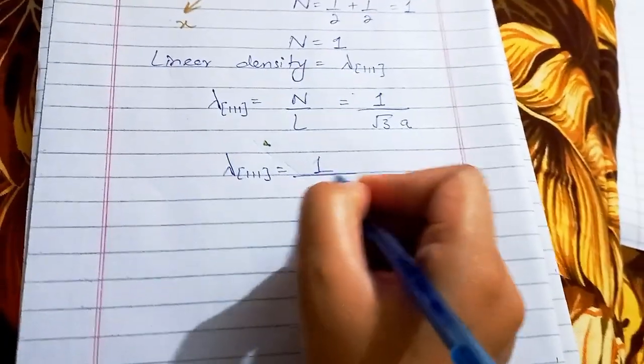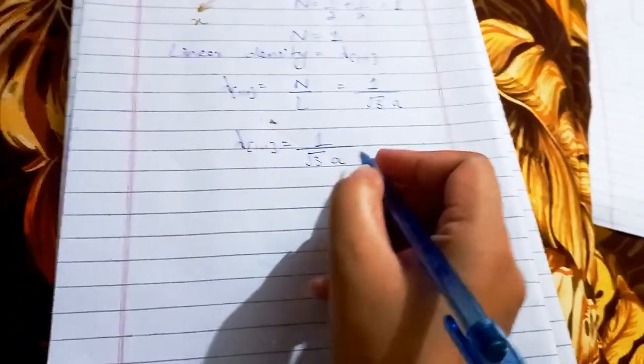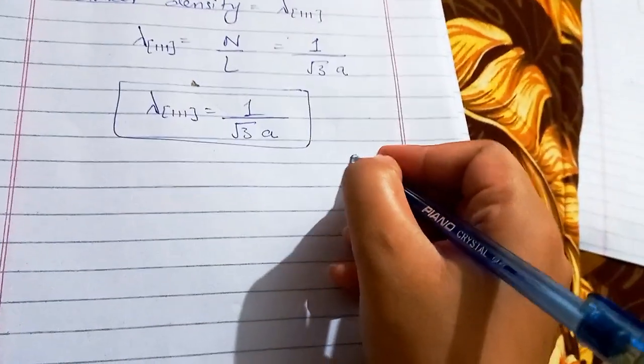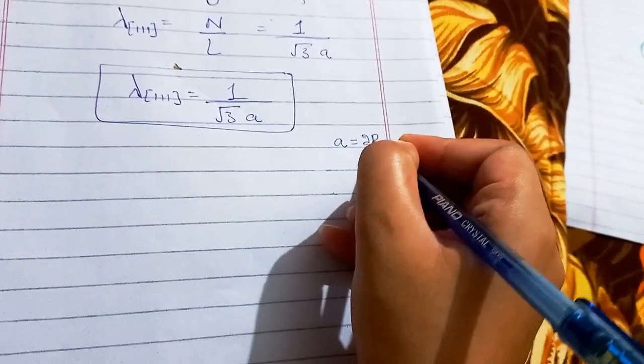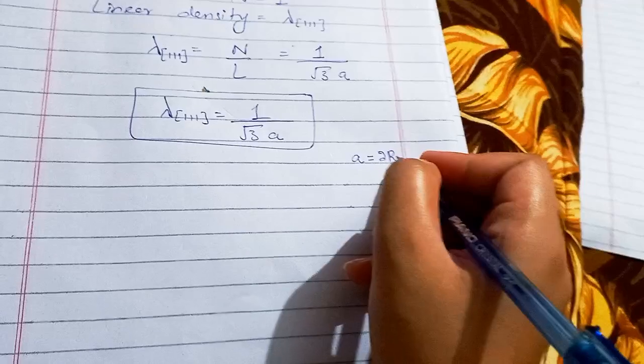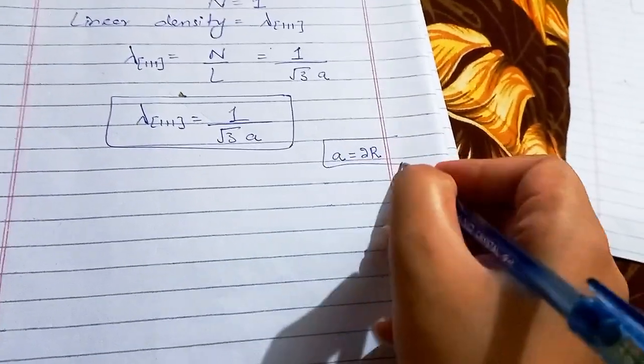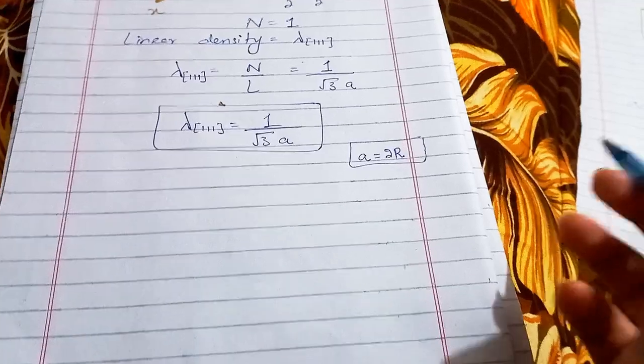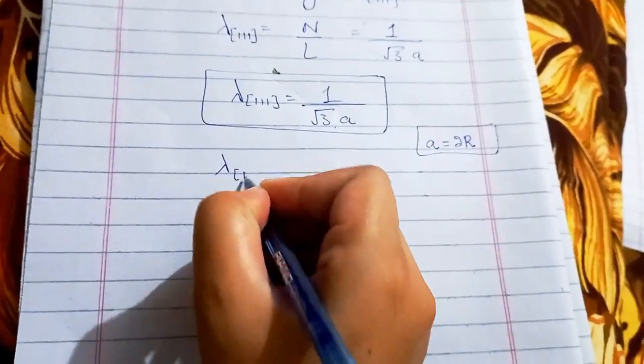Now let's convert it into atomic radius. For that purpose we'll just put a equals 2r. This is the relation between the lattice parameter and the atomic radius that is true for the simple cubic unit cell only.